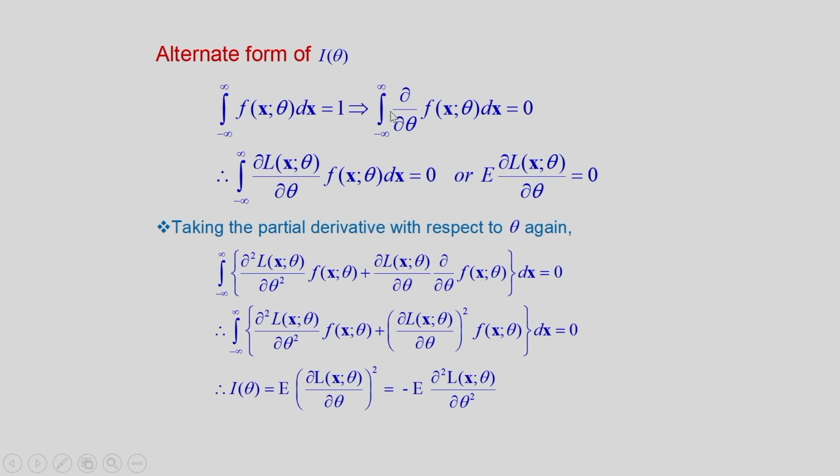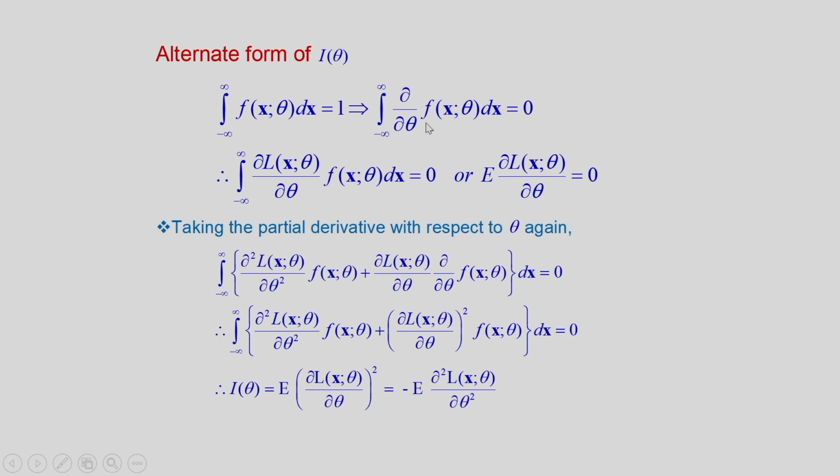This implies that the partial derivative of this quantity must be equal to 0. Again, under the regularity conditions, we can take this partial derivative inside. Therefore, del theta of f(x, theta) dx integrating from minus infinity to infinity must be equal to 0.